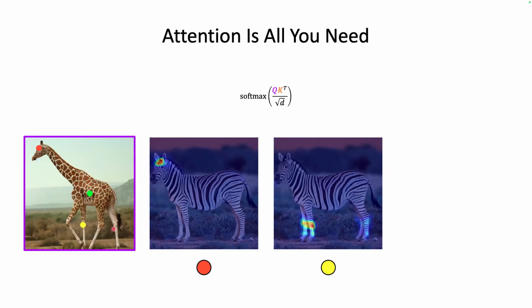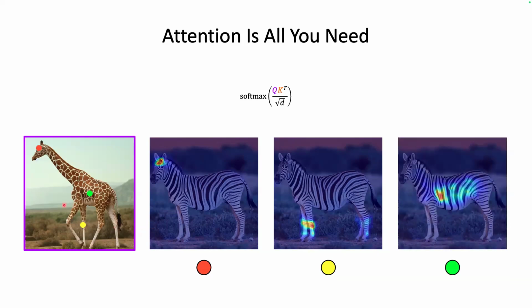So leg is always encoded in a similar way. And for this green point on the body of the giraffe, we get attention to the body of the zebra.